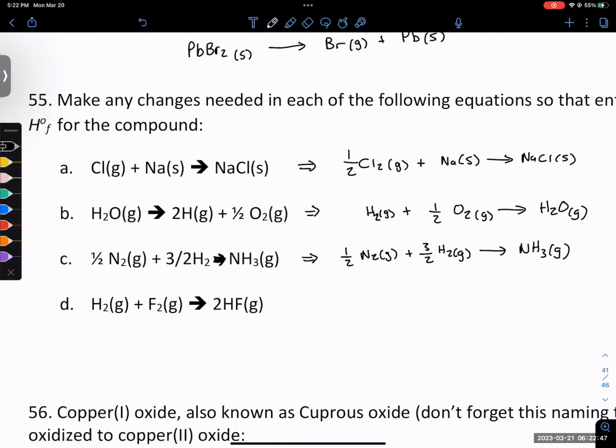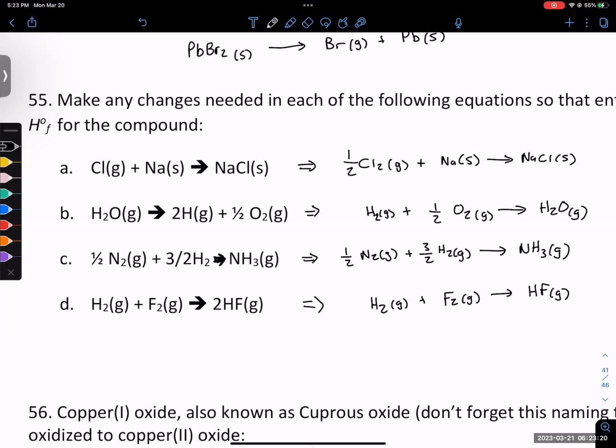Yeah, 2 moles. So 2 moles of product is the first thing that we see is wrong, right? Because it's important that a heat of formation reaction only produces 1 mole of product. So we should change that to H2 gas plus F2 gas gives HF gas.